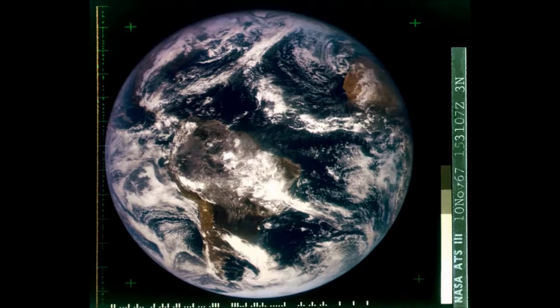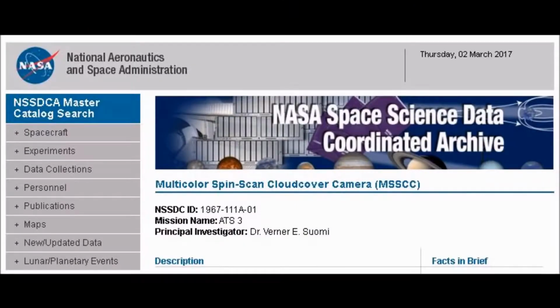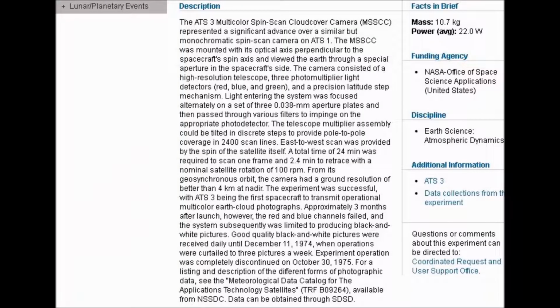Now, about this photo, they claim this photo of Earth was taken November 10th, 1967. And the camera used the spin of the satellite to scan the Earth. 2,400 revolutions of the satellite, spinning at about 2 revolutions per second, were needed to produce one complete image of Earth. So gravity is strong enough to keep it stationary.